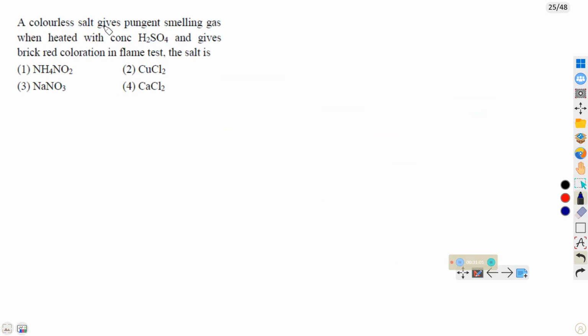A colorless salt gives a pungent smelling gas when heated with concentrated H2SO4 and gives brick red color in flame test. Which forms brick red color? CaCl2 forms brick red color.